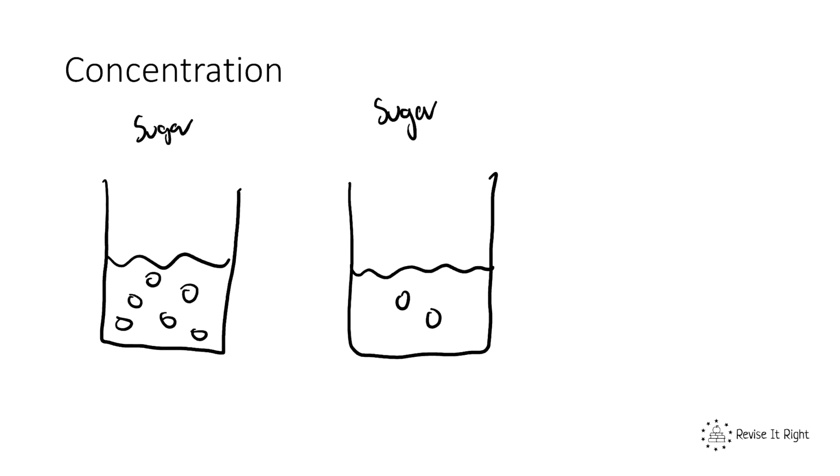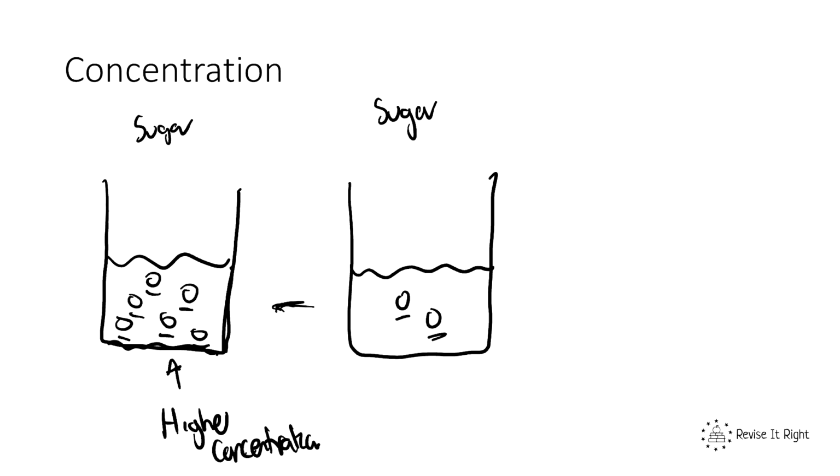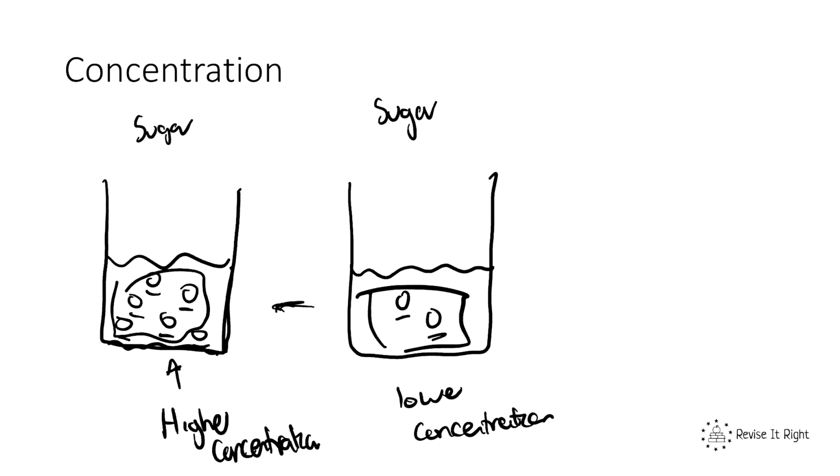In this one there are more sugar particles in the volume, therefore there is a higher concentration of dissolved sugar in the beaker. Here there are fewer sugar particles, so there is a lower concentration of dissolved sugar. So a high concentration means lots of the substance dissolved, like here, and a low concentration means less of the substance dissolved, like here.